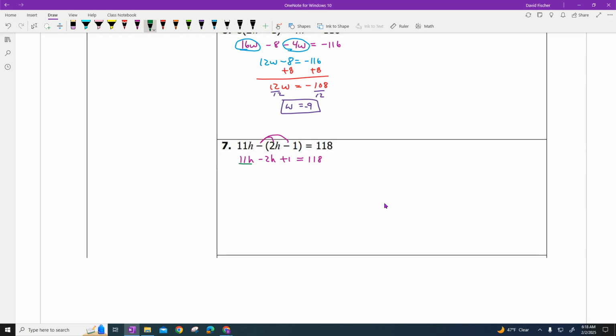Now I'm looking for like terms. I got like terms right there. 11 take away 2 is 9 h's. Get rid of that 1.